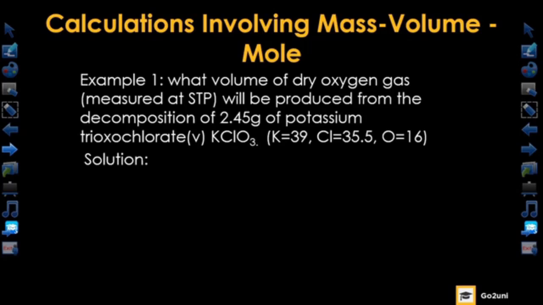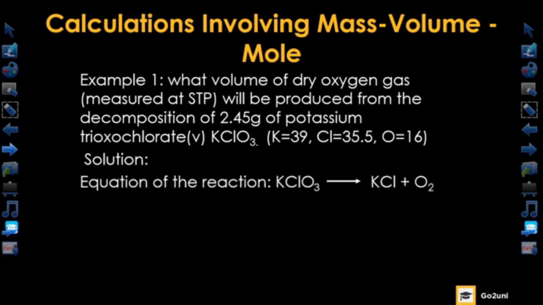So simply put, what is the equation first? The equation of the reaction is provided for us. So potassium chlorate(V) was provided and it was decomposed and it gave us products. So we are simply going to calculate the volume of oxygen gas that is being produced.